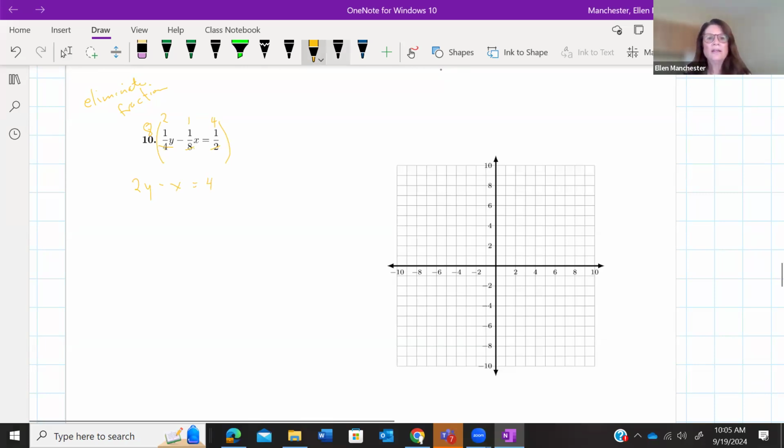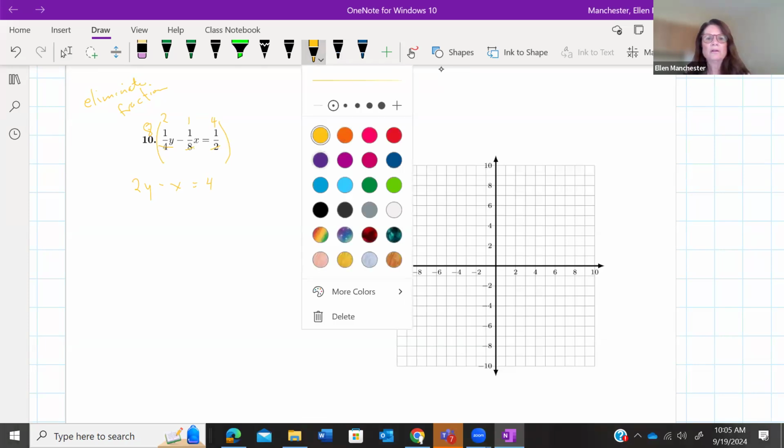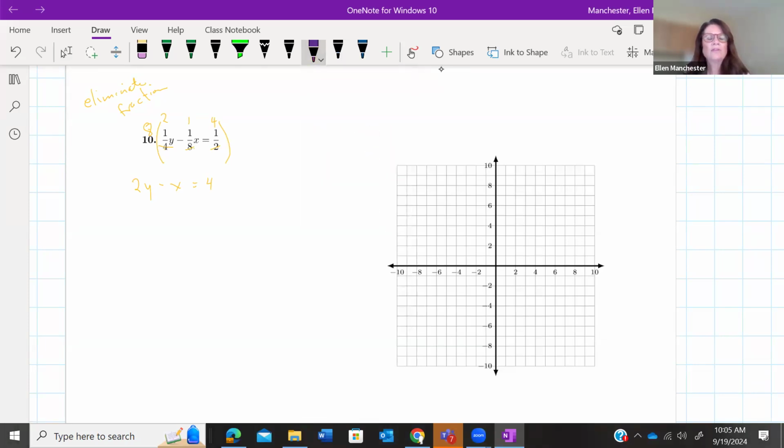The other technique I'm going to do in a different color. The other technique is I multiply 8 through the top and then I reduce. So 8 over 4y minus 8 over 8x equals 8 over 2. And then you reduce. So remember, the one in yellow is reducing first and then multiplying.